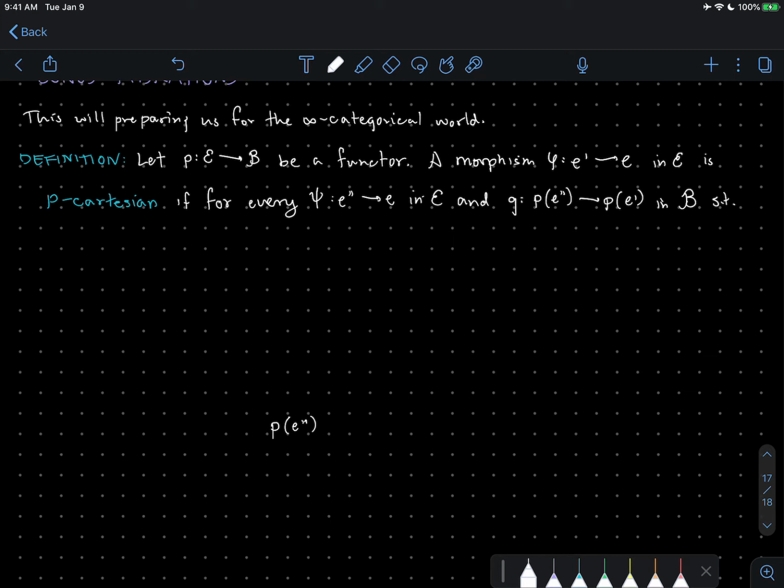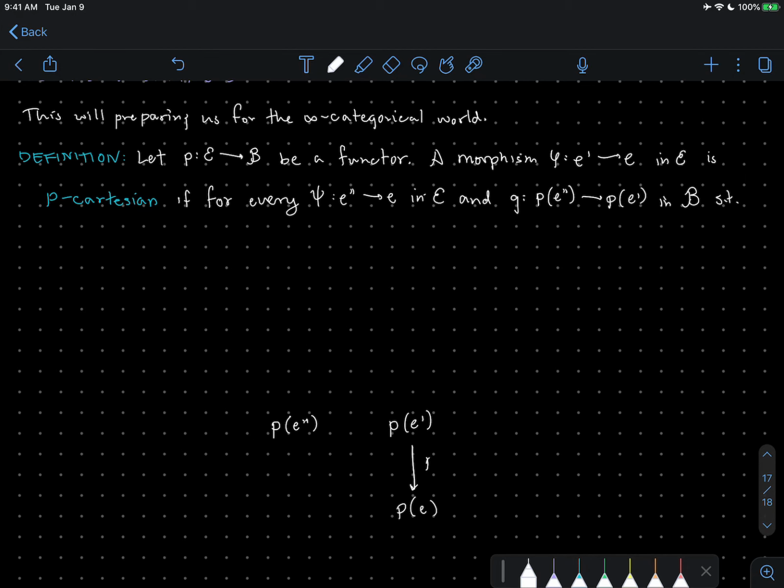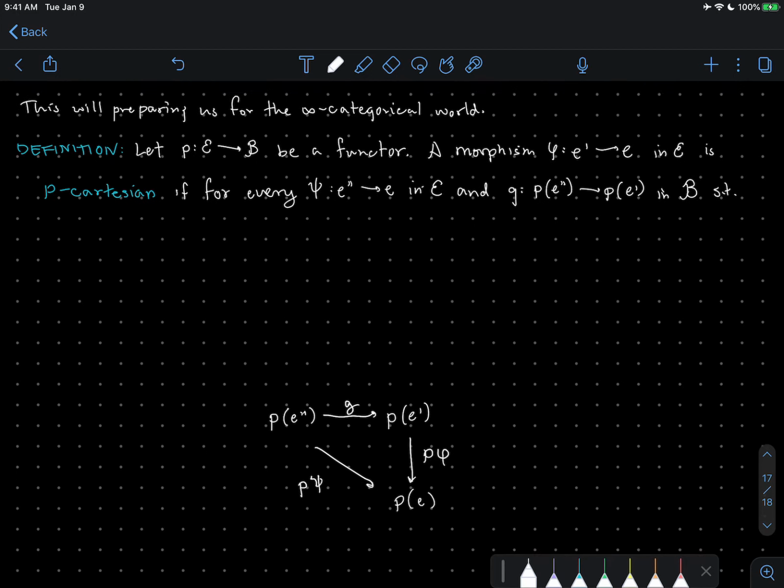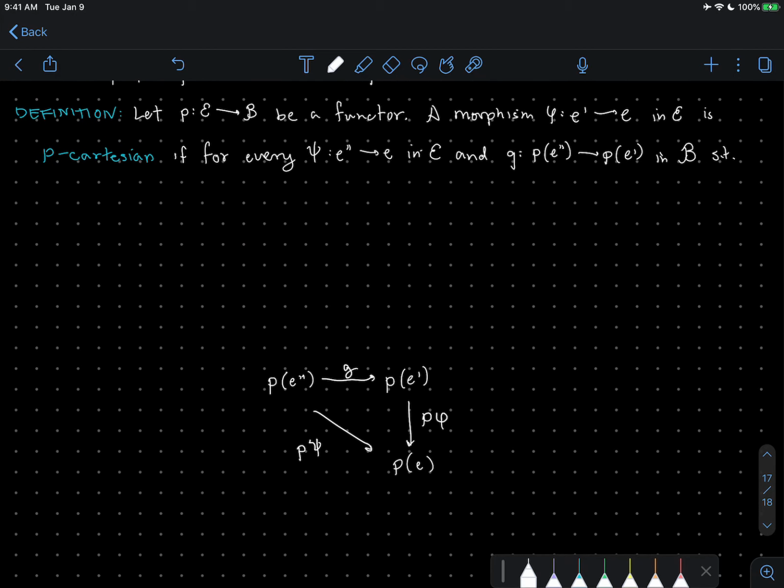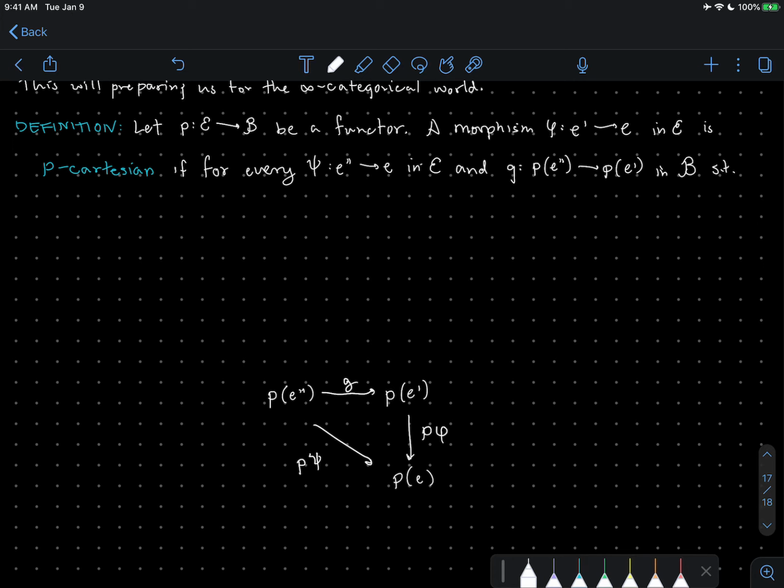P of E double prime to P of E prime to P of E. So this map is P of phi. This map is P of psi. And this map is G. So for those data such that that commutes, there exists a unique gamma.